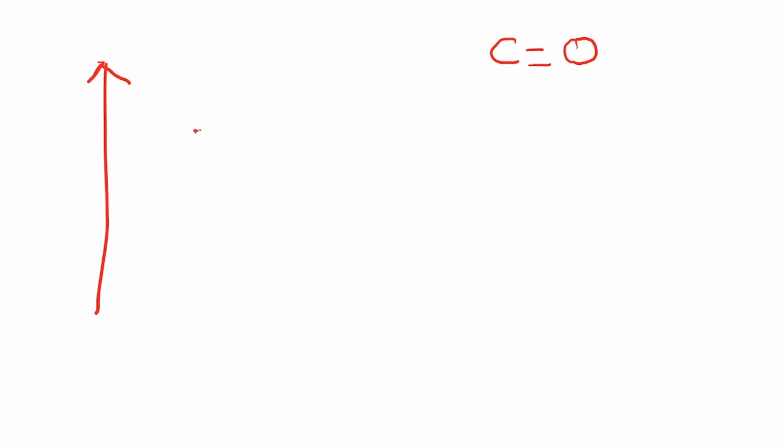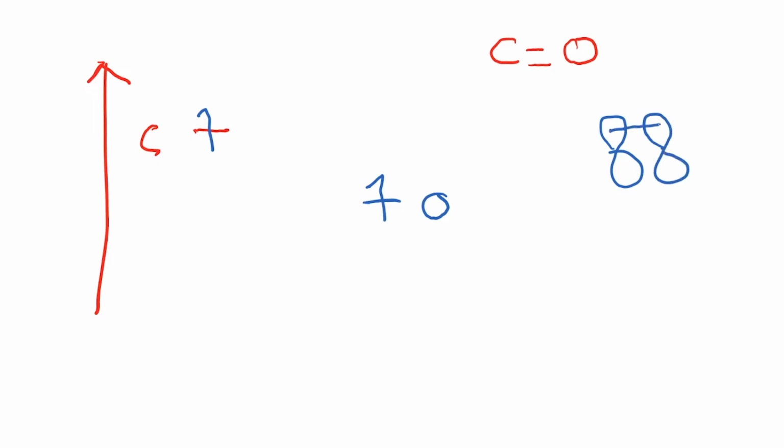As I told you earlier, carbon is here and oxygen is here, and we need to concern ourselves only with the p orbital, which has one electron each. We assume that both of these p orbitals are going to combine and form a pi bond. Just to remind you, this is the p orbital, and they combine to give you two molecular orbitals which are denoted as pi and pi star.